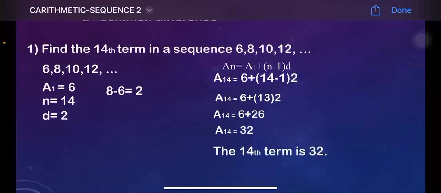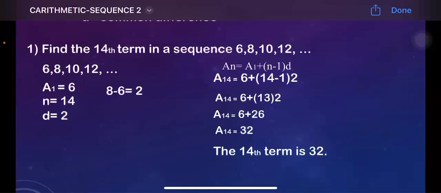Our n is 14 because we are finding the 14th term in the sequence. That is why our letter n is equal to 14.